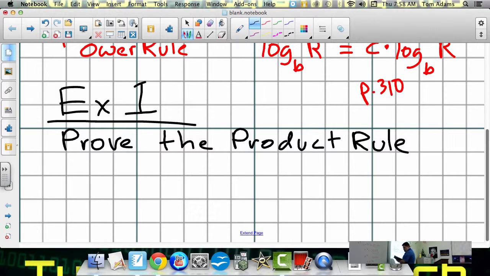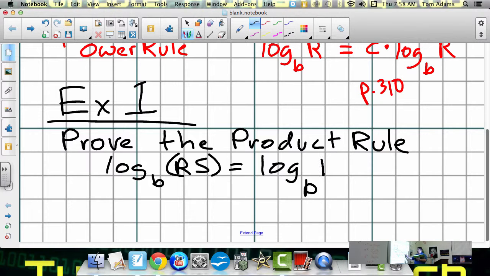The product rule is this: if I have log base B of RS, then it should be equivalent to log base B of R plus log base B of S.